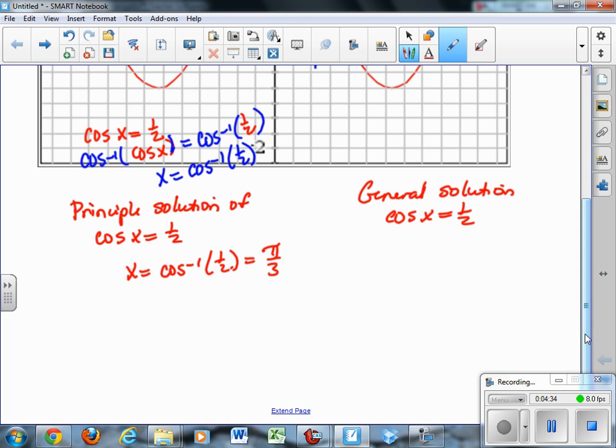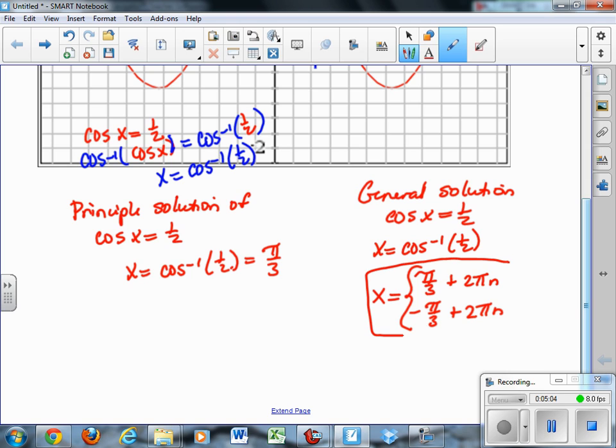So I would say x is equal to inverse cosine of 1/2, and that would be pi over 3 plus 2 pi n, because I can keep adding 2 pi to get additional solutions, or negative pi over 3, the secondary angle, plus 2 pi n. Together, those are going to give me all of the possible angles that have a cosine value of 1/2. So this is known as the general solution.